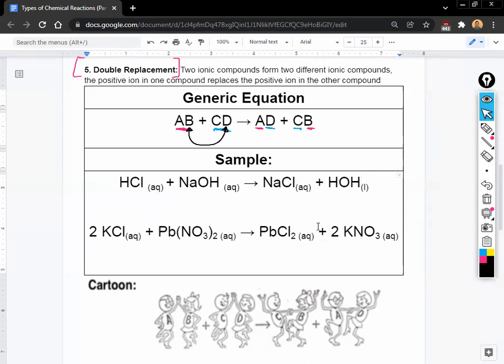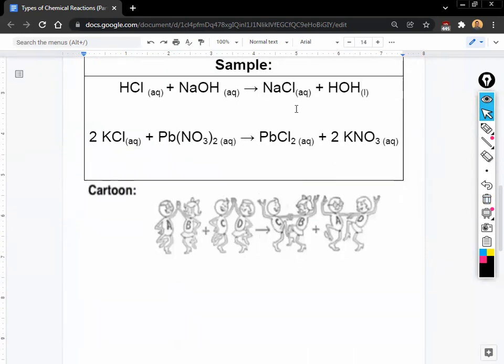Okay, so if we want to make it a little bit more relatable, I'll put the name back up in a second. Here we have an example, right? Let's say that these 4 friends went on a double date. We got A hanging out with B, and C is hanging out with D. But halfway through the date, they kind of got bored with one another, so they just switched.